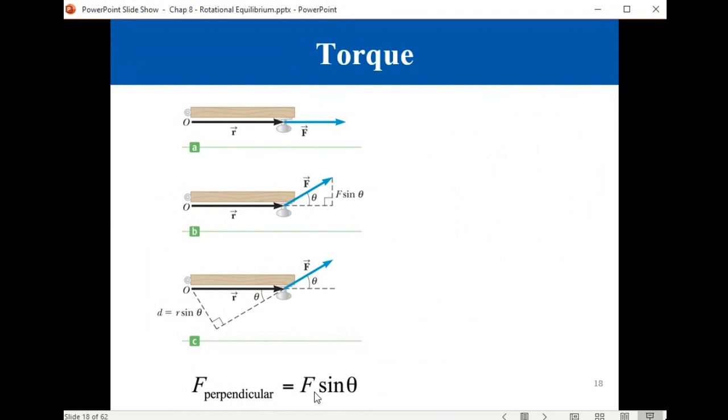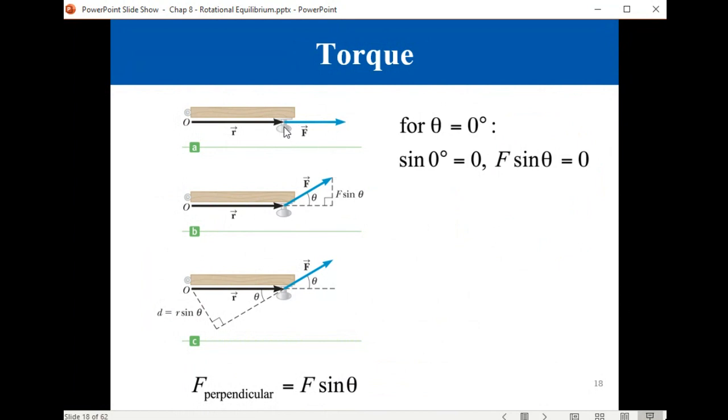If the angle between the force and the lever arm is theta, then the perpendicular component is F sine theta, and the parallel component is F cosine theta. We are not interested in the parallel component. We are interested in the perpendicular component when we calculate the torque.